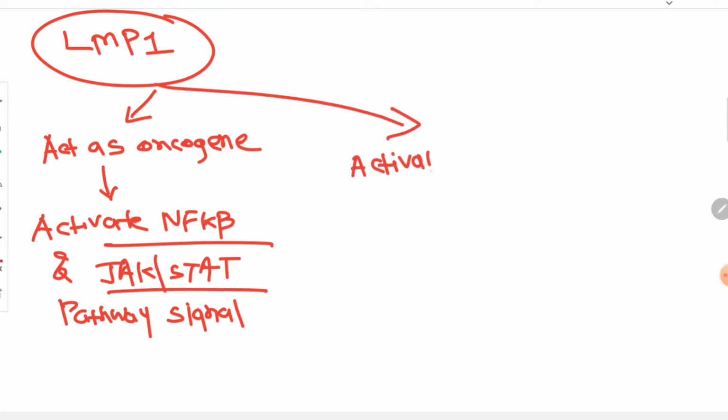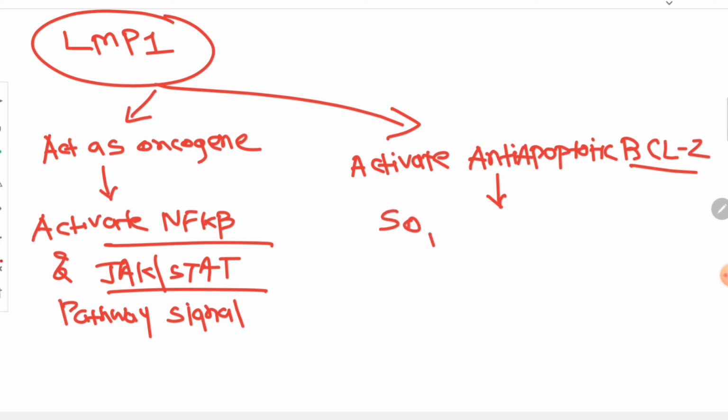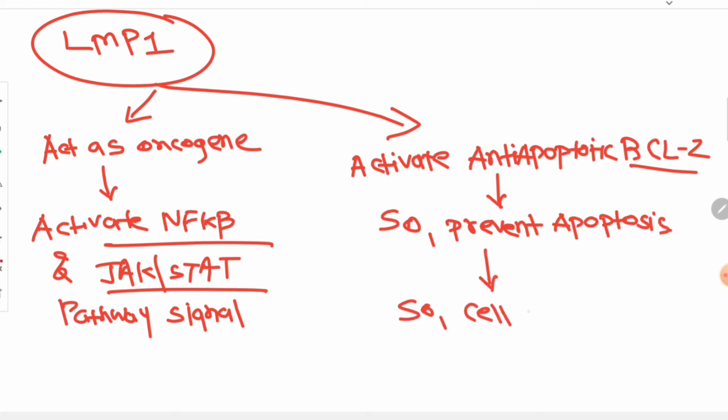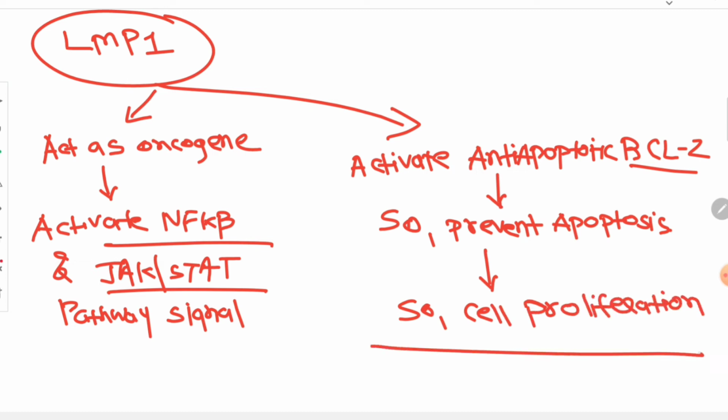The second thing is that they can activate anti-apoptotic factor, particularly BCL2, which is an important anti-apoptotic gene. So if they activate this gene, apoptosis will be prevented, and so the infected B lymphocyte will not get removed by apoptosis, and so the cell will continuously proliferate. Right?